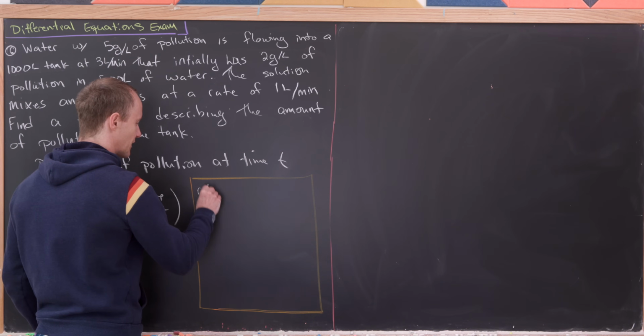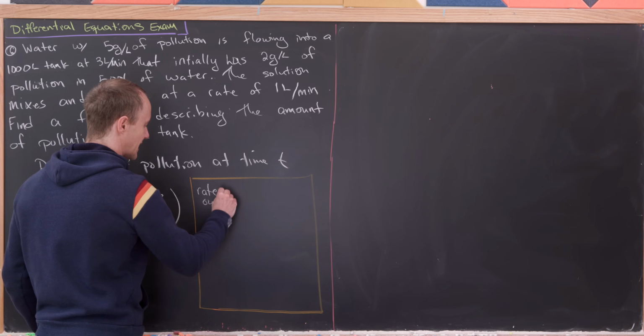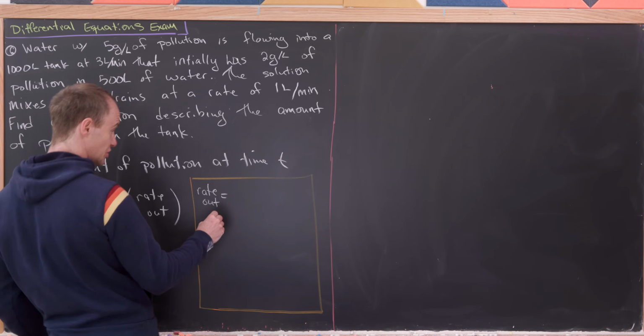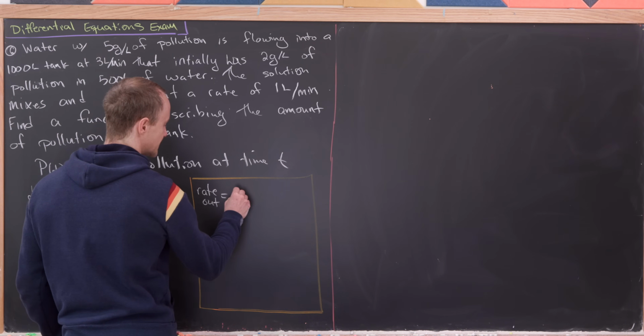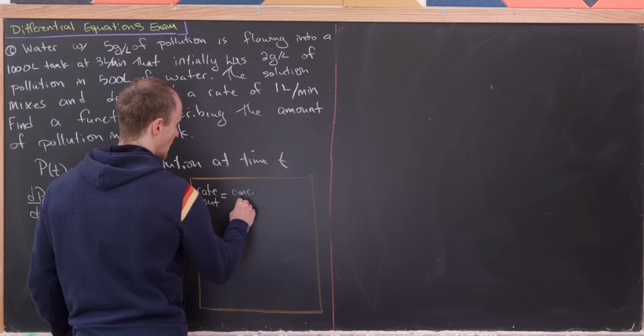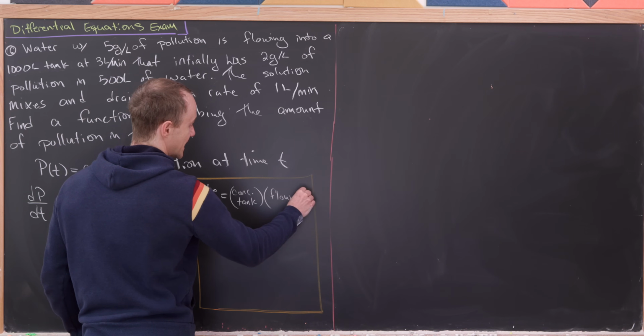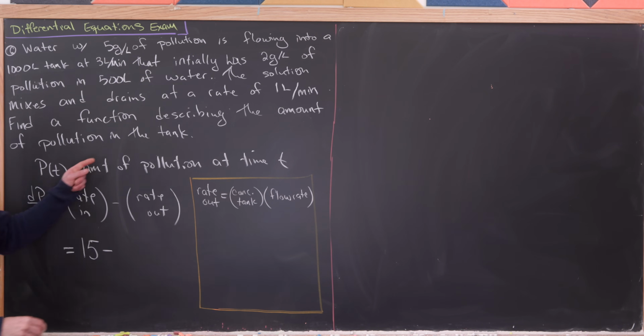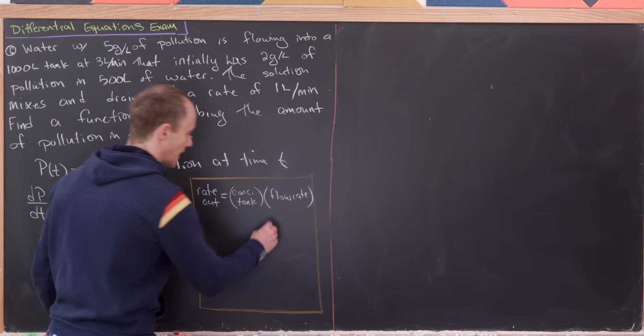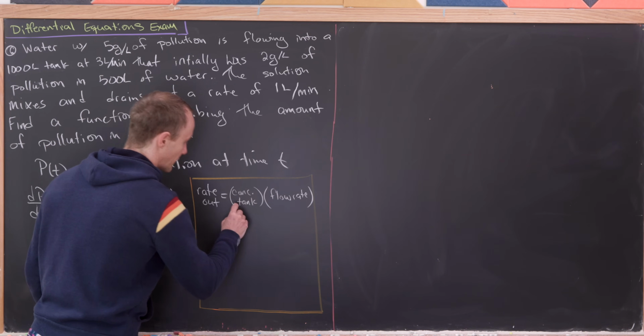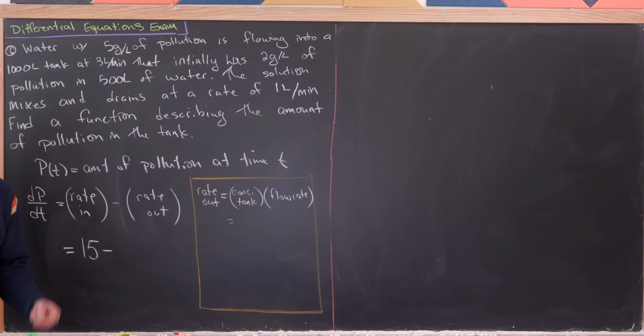So notice that the rate of it going out is going to be equal to, let's see, the concentration of the tank times really what I'll just call the flow rate. And so notice that we know the flow rate immediately. The flow rate is 1. So then all we're going to really have is the concentration of the tank times 1.